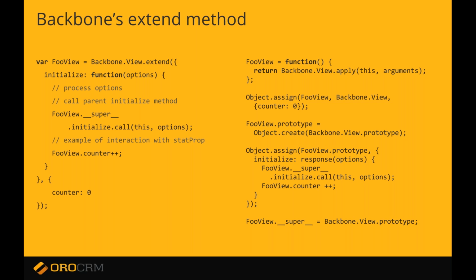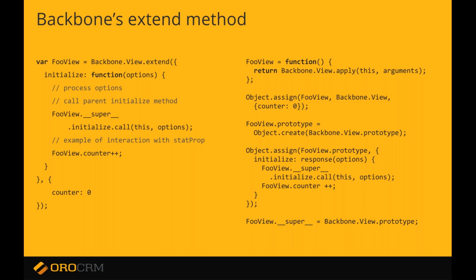Okay, go further. After that, Backbone will create a prototype for our new constructor. So FooView prototype will be equal to Object.create of the parent prototype. So a new object will be created with the magic property __proto__ referencing the Backbone.View prototype.